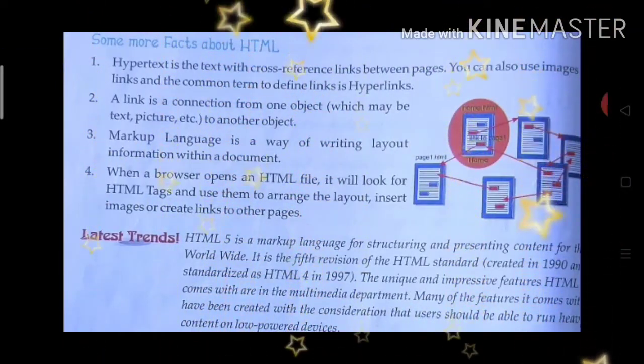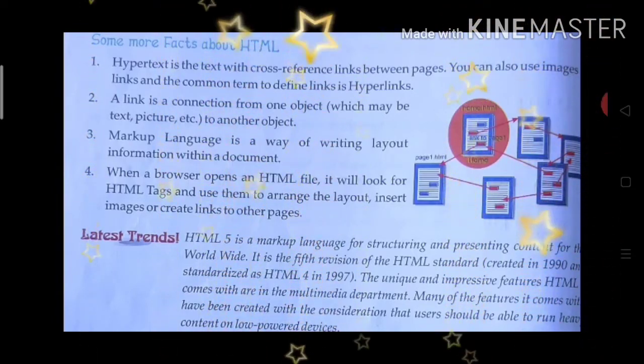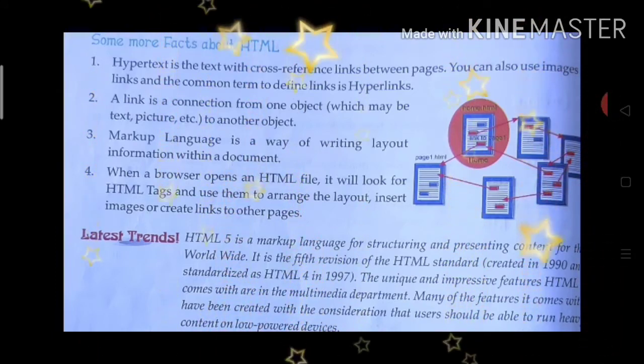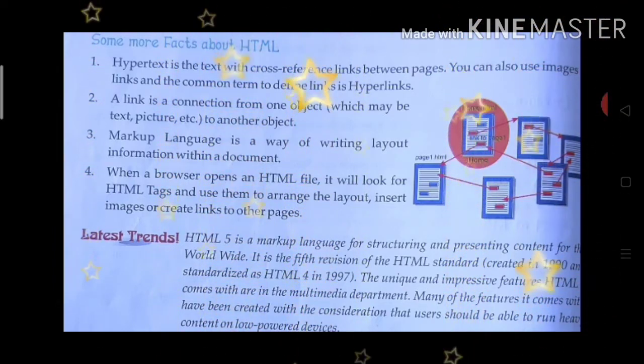Some more facts about HTML. First point, hypertext is the text with cross-reference links between pages. You can also use images, links, and the common term to define links is hyperlinks. Second point, a link is a connection from one object, which may be text, picture, etc., to another object.